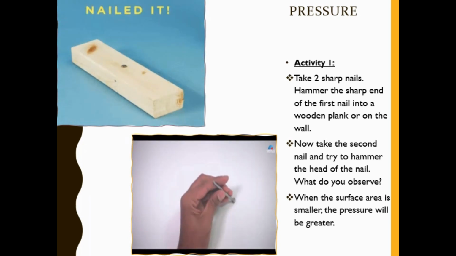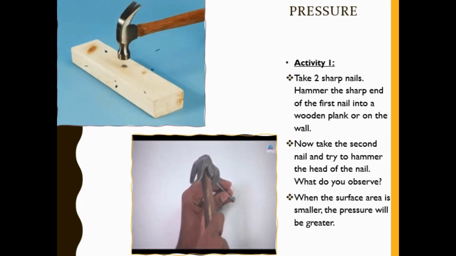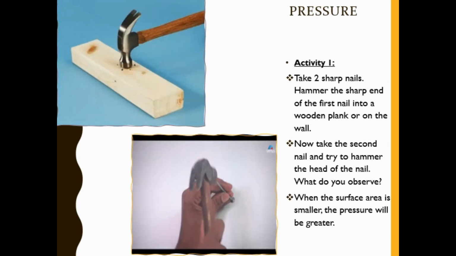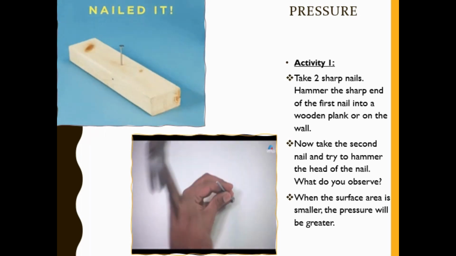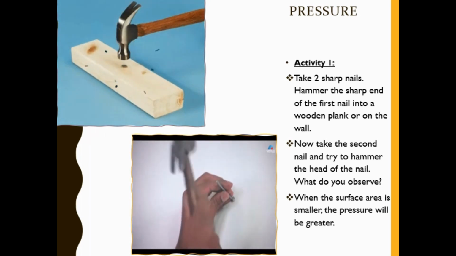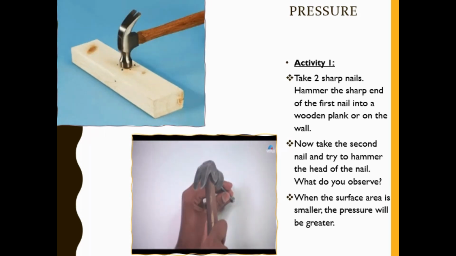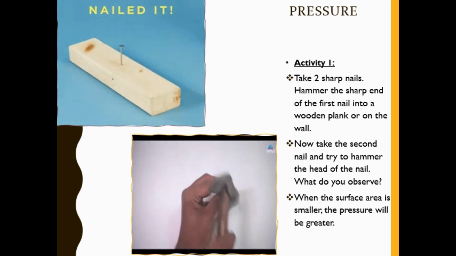But in the second case, as we are applying pressure on the head of the nail, which is broad, the surface area is large. So the pressure is smaller. So from this we can conclude that pressure depends on both the things, that is force as well as surface area.